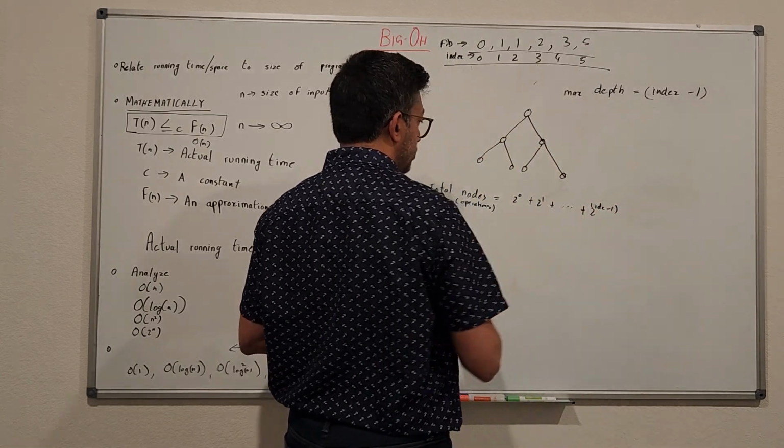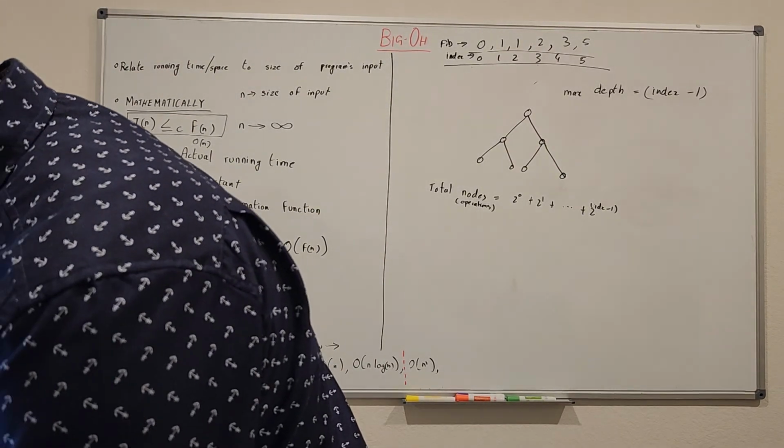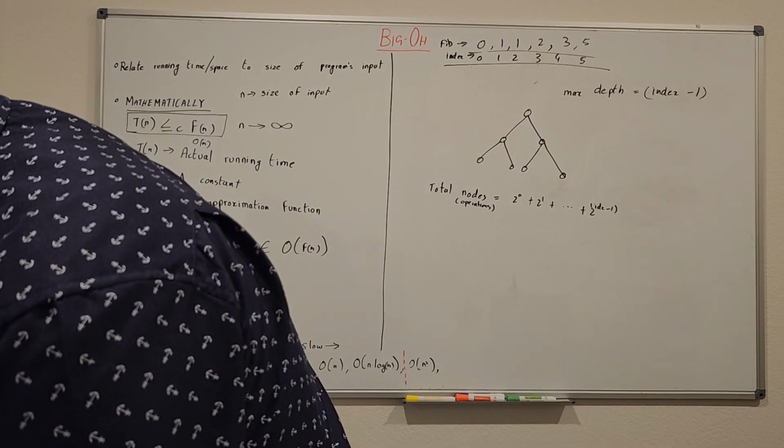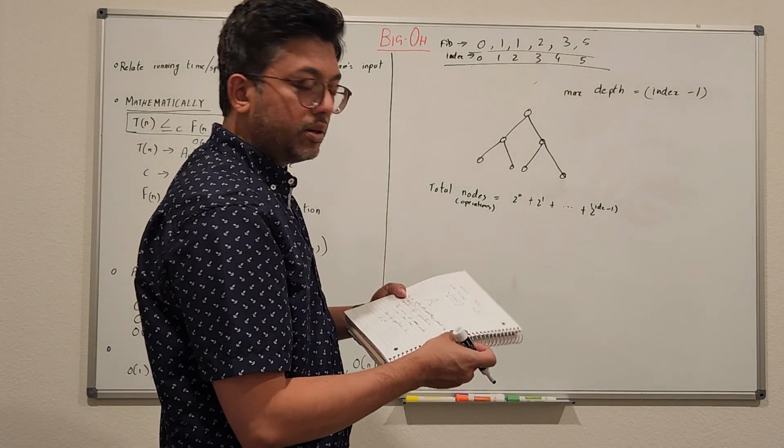Now we need to find this one. To find this, there is something called a geometric series. You can look it up on Google.